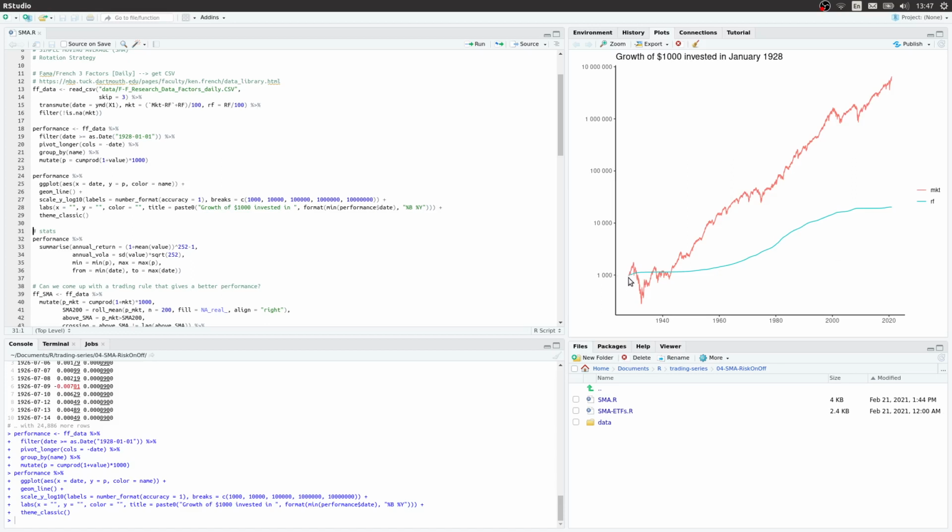And you see, if you invested initially in 1928 in January, 1,000 US dollar, by end of 2020, you almost reached 10 million US dollar being invested in the US stock market.